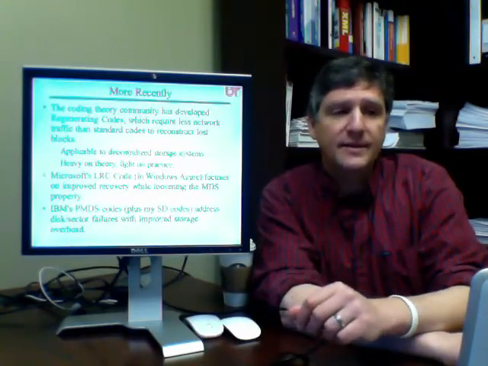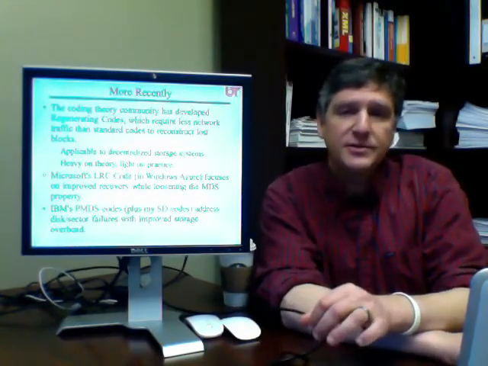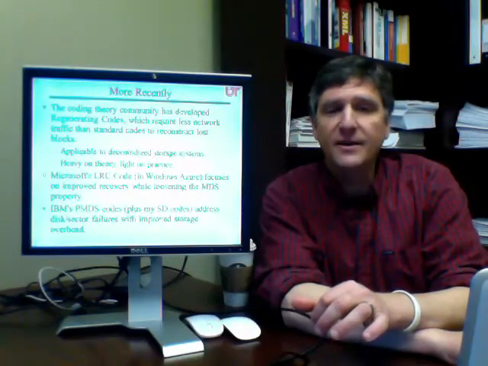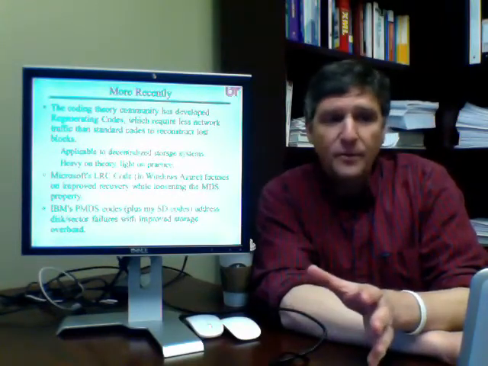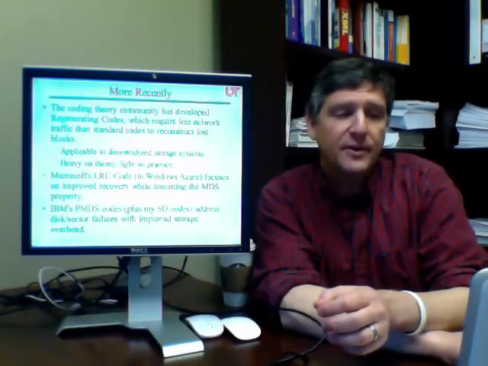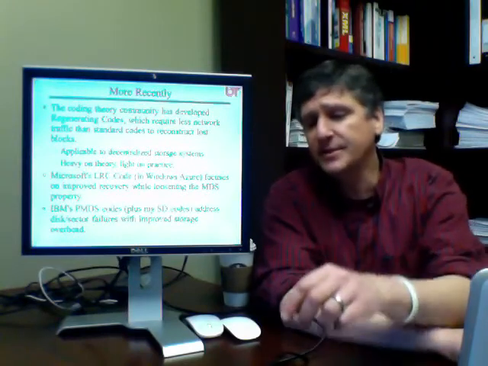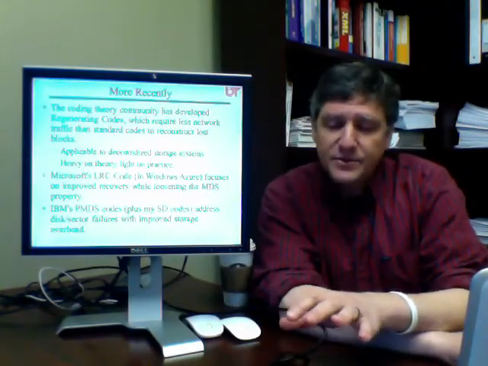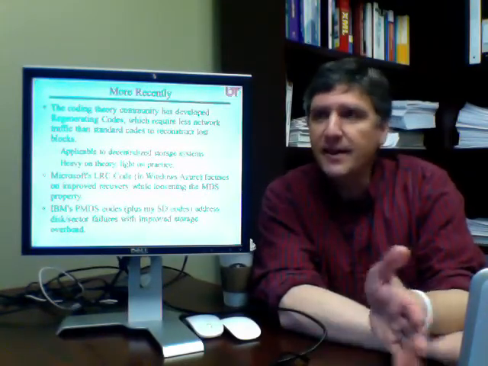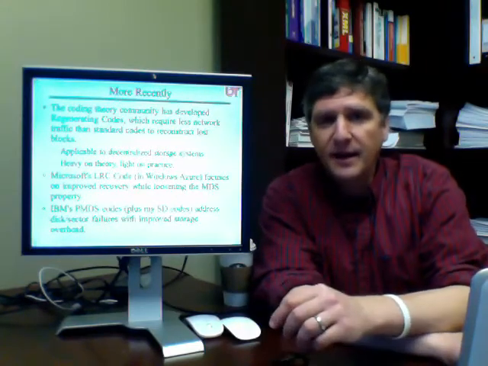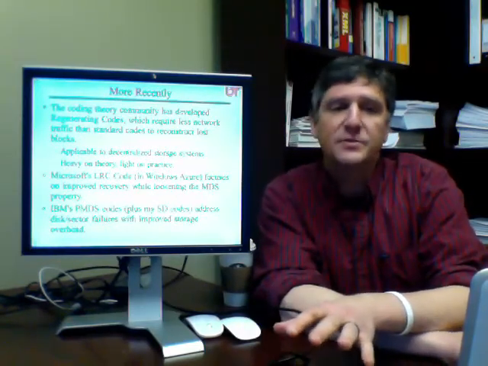Okay, and more recently, the most recent research on erasure codes, the big areas are the following. One is the area of regenerating codes. These are codes whose goal is to reduce the networking bandwidth of rebuilding things when they fail.